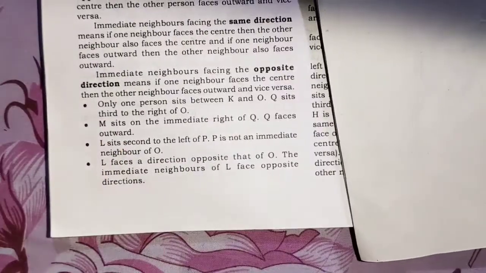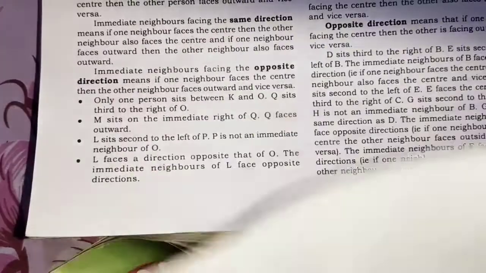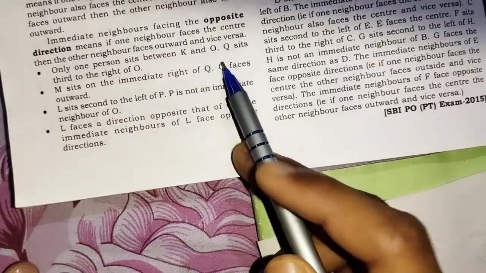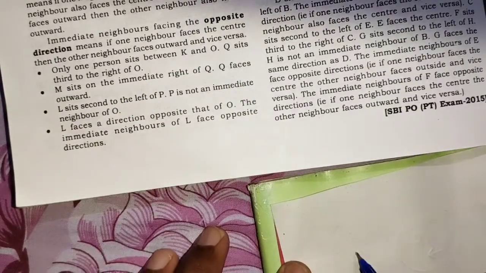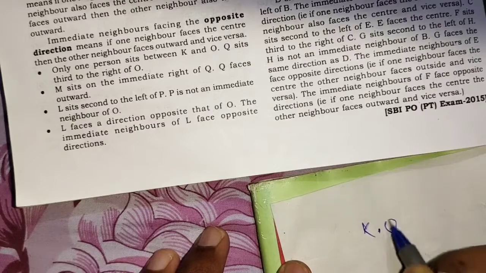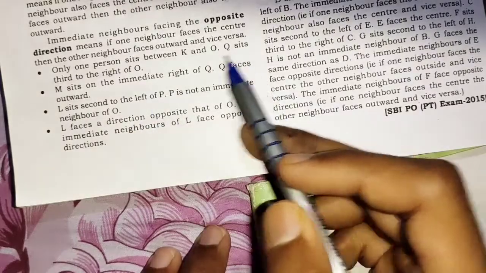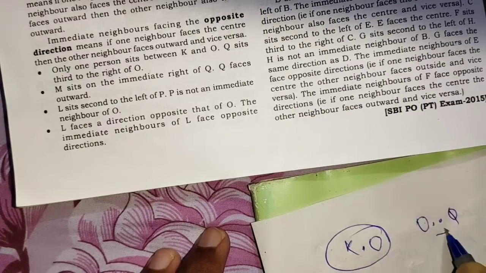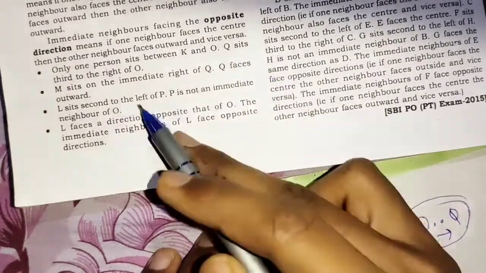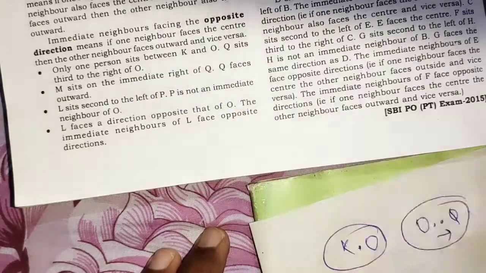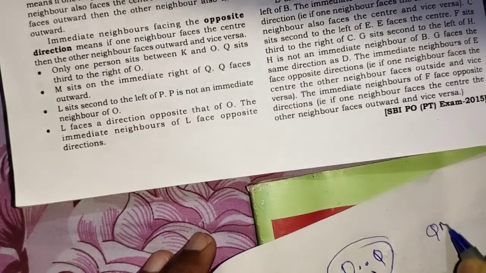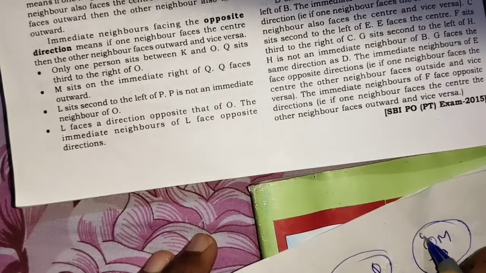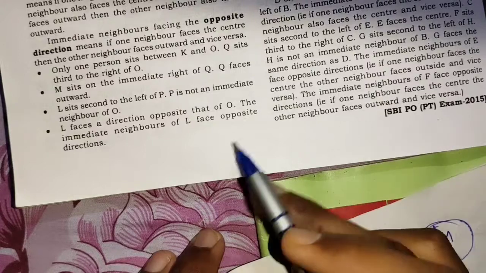First point is only one person sits between K and O. Q sits third to the right of O. M sits on the immediate right of Q. Q faces outward.